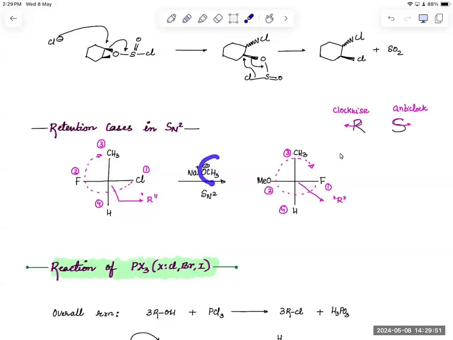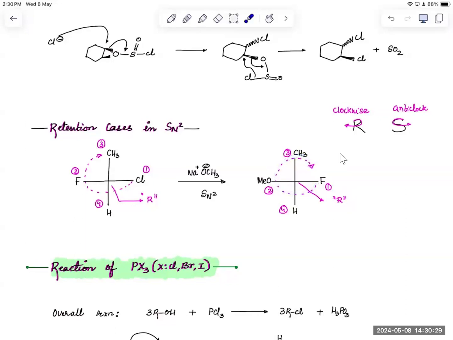Now, if you attack with CH3O minus, which will go for an SN2 attack, it should come from the backside and remove Cl. So where do we get fluorine now? Fluorine is coming at this position, OMe is here, CH3 is here, and H is here. Now, because Cl was replaced by an oxygen-based group, priority now will be more for fluorine. So fluorine will get priority 1, then priority 2, priority 3. Again, when you rotate, it is becoming clockwise.